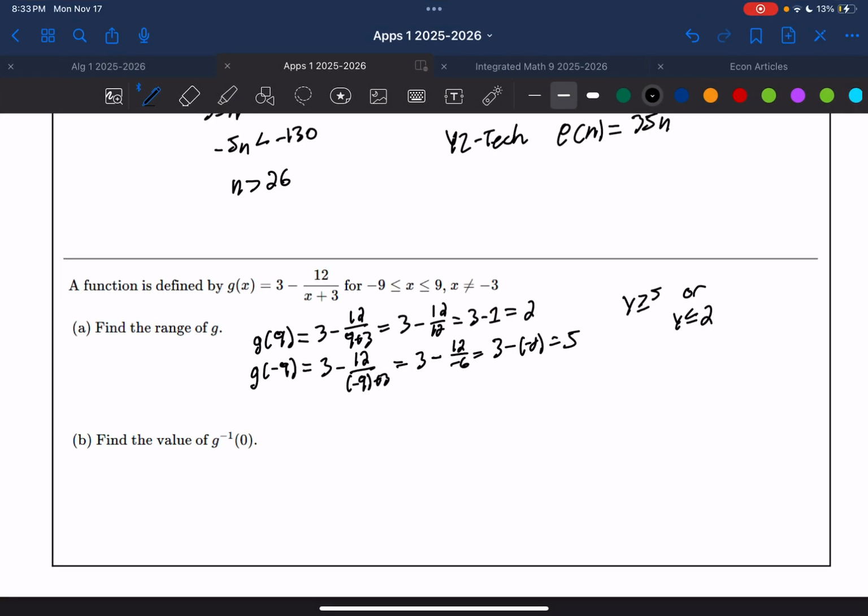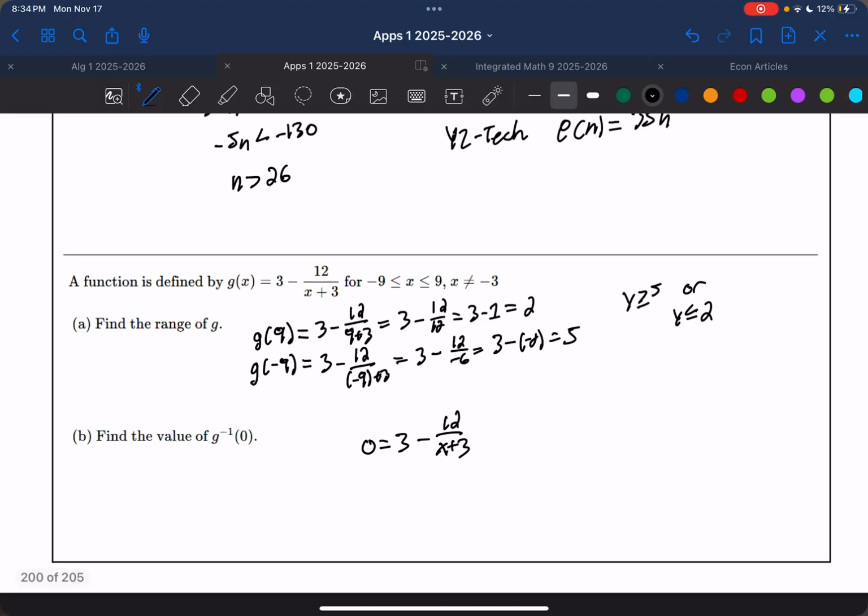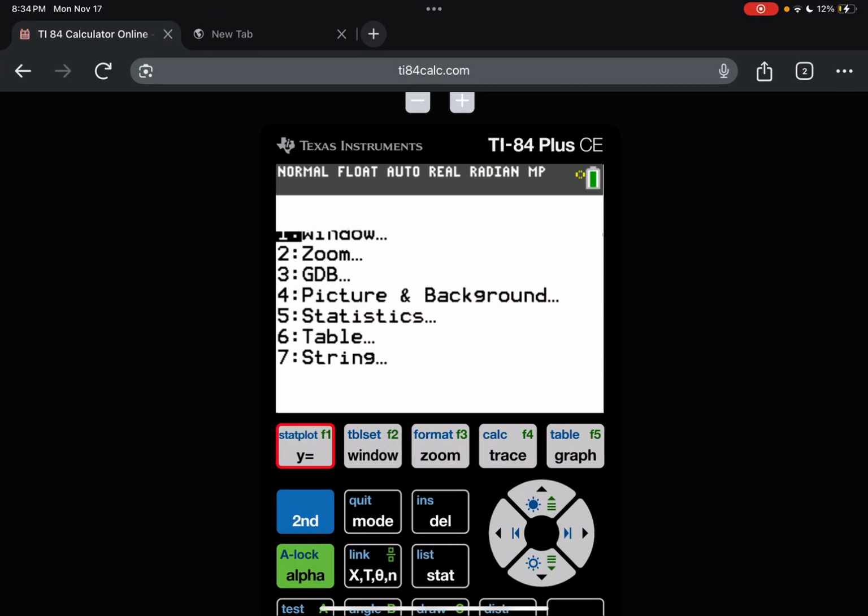Okay, so now to find g inverse of 0, that's like saying what do we need to input into our original function to output 0? So we're looking for the zero of the function here. And we can do that in our graphing calculator.